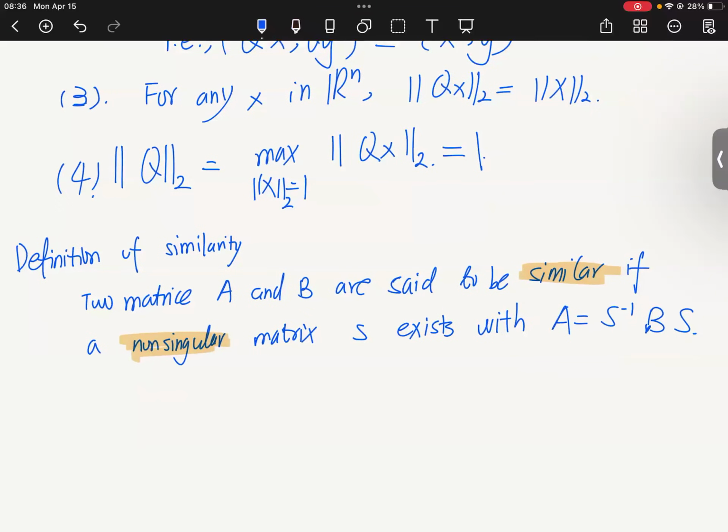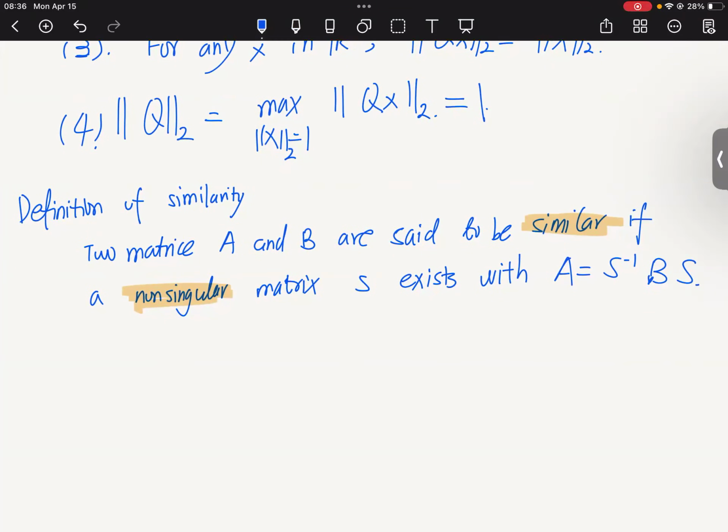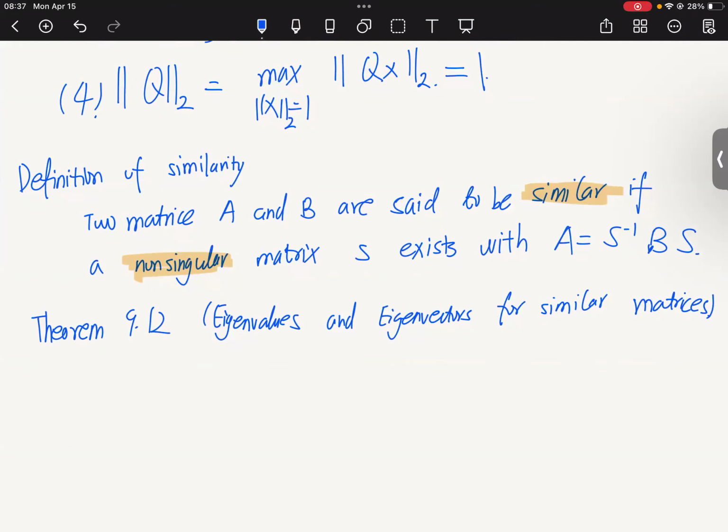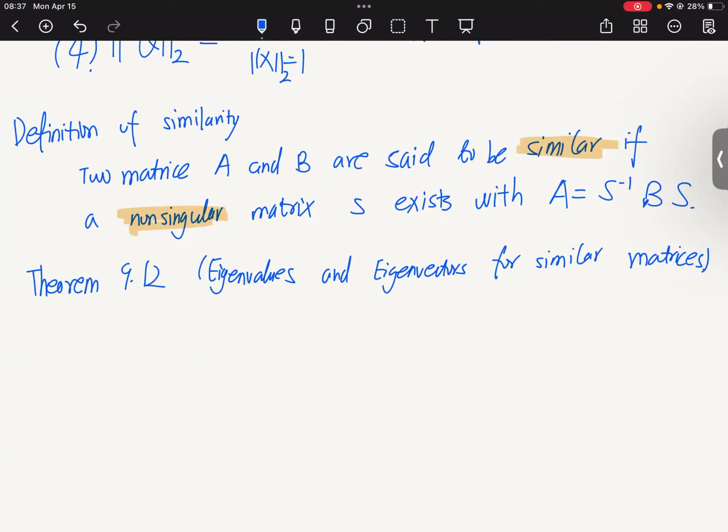So this is a very important theorem about similarity, Theorem 9.12: the eigenvalues and eigenvectors of similar matrices. Actually they have the same eigenvalues and eigenvectors. I'm going to give you the detailed statement here, but the idea is the same.